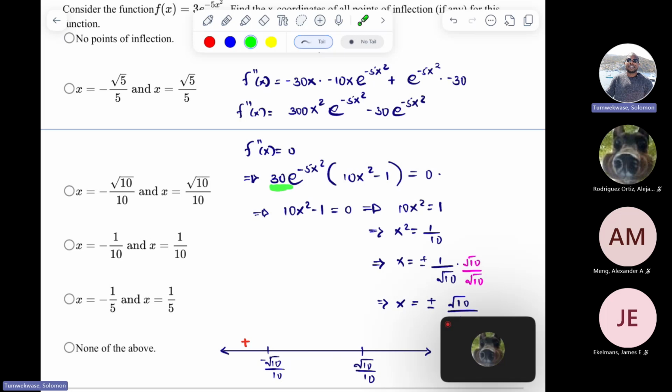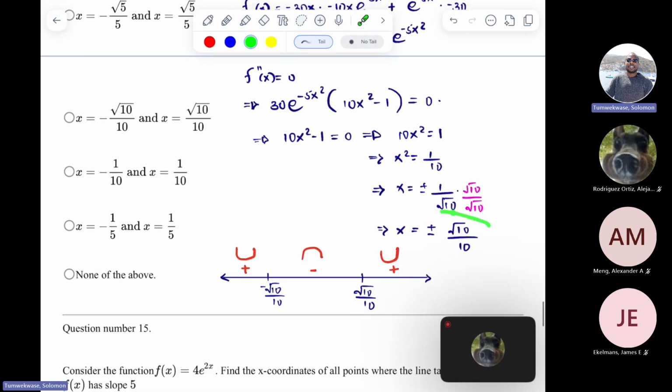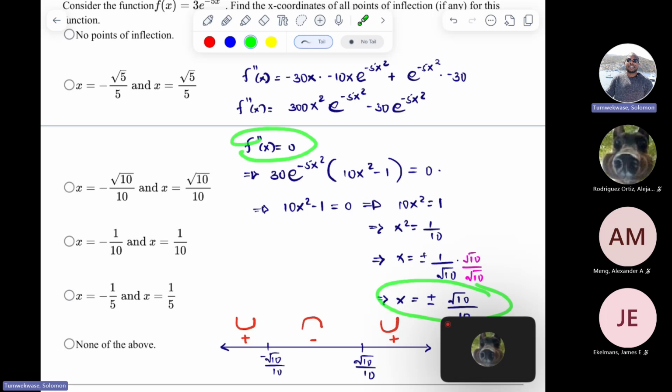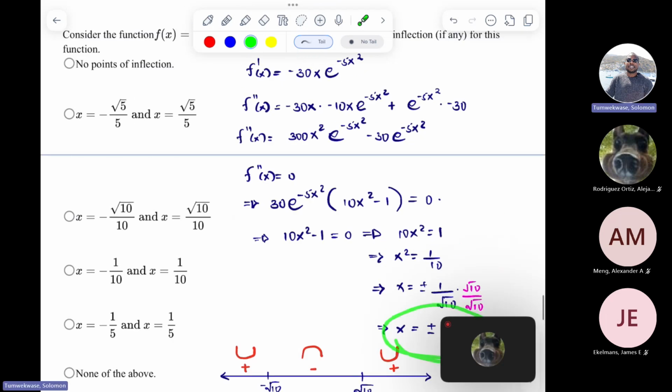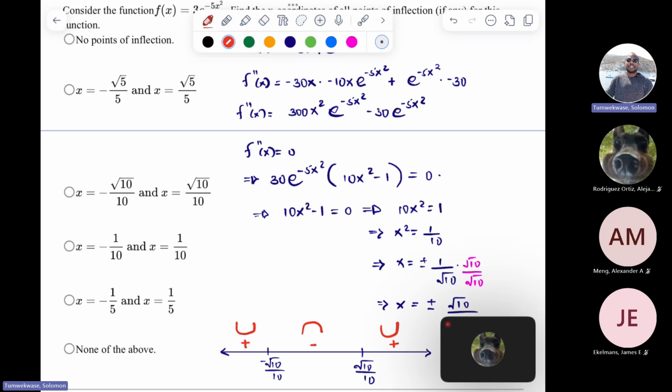So we have 30 times negative 1, that's a negative, and any number that is bigger than this, maybe 2, you can see that we shall also have a positive. So this is concave up in this interval, concave down, and concave up. And therefore, we can conclude that these points that we got are, 1, in the domain of the function, and 2, concavity changes at those points. And therefore, these 2 points are the points of inflection. Okay?